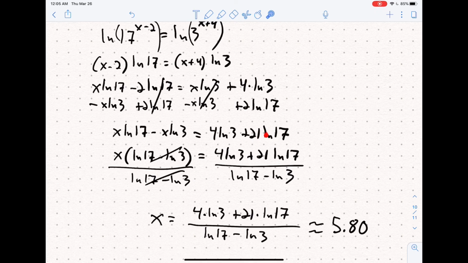You notice there's an extra 1. This is supposed to just be a 2 in front of the ln 17. So let me fix that, and we'll make it just a 2 in the front.